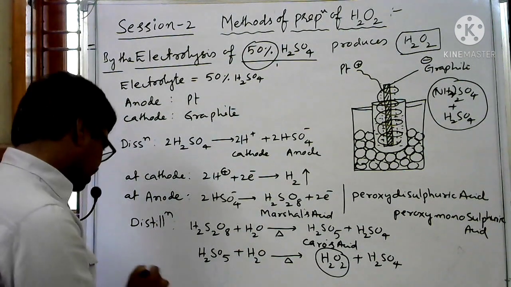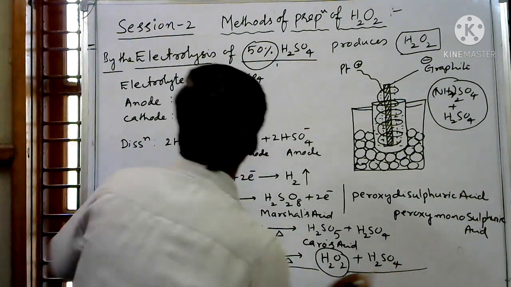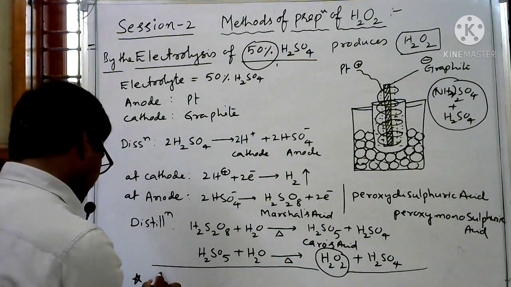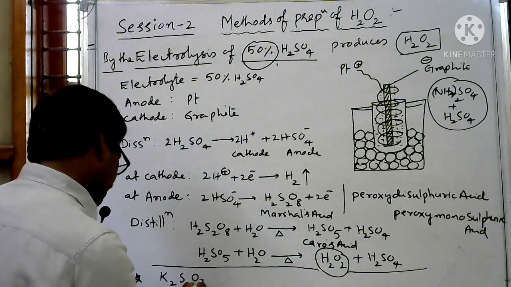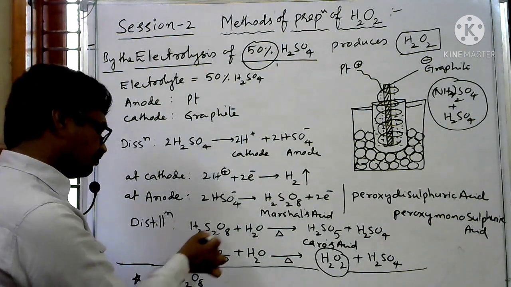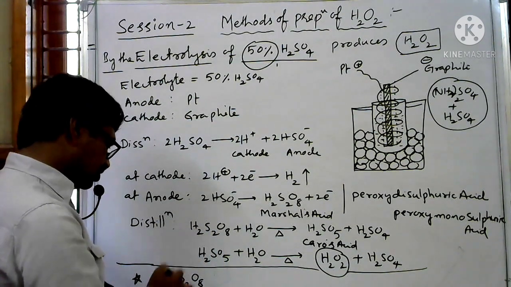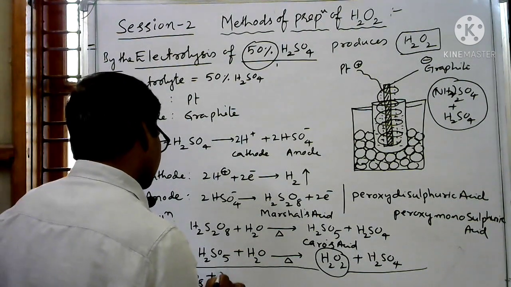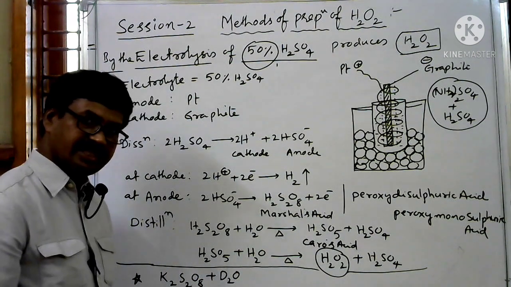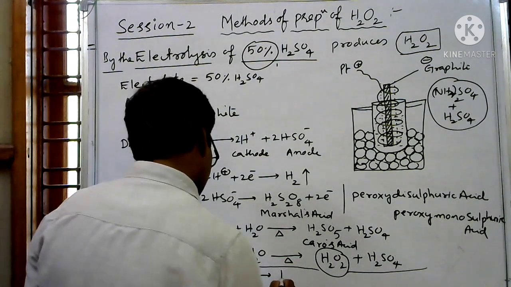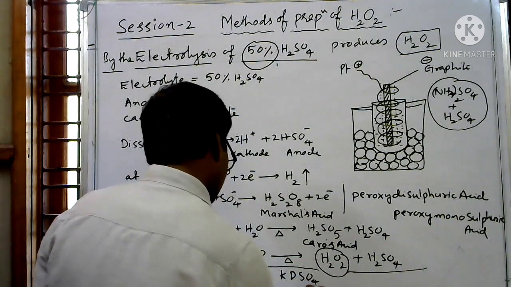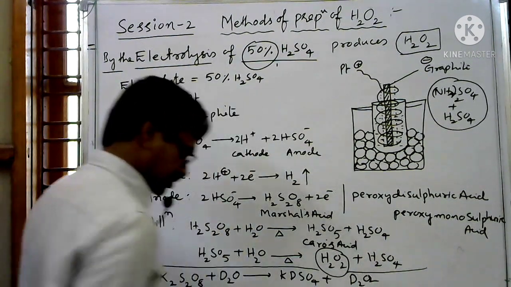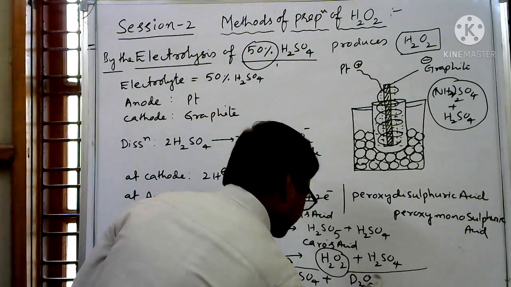Otherwise, as given in the textbook also, up to here it is the preparation of hydrogen peroxide only. When potassium persulfate, K2S2O8, instead of peroxysulfuric acid, is treated with D2O, deuterium oxide, heavy water, we can get KDSO4, potassium deuterosulfate, along with D2O2.